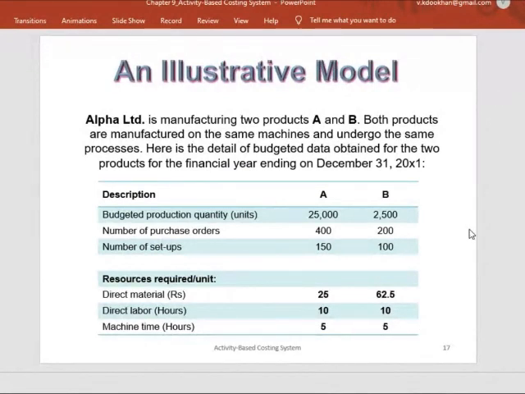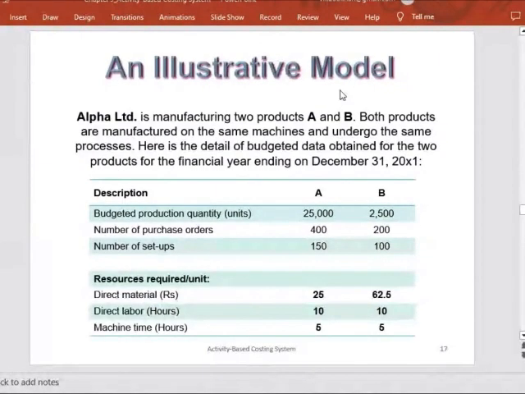Five and 5. Both are the same. Okay? So I'm going to put 5 itself.